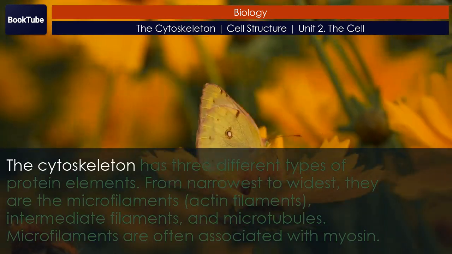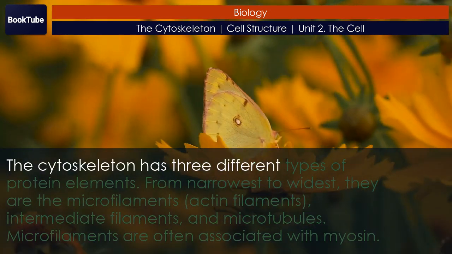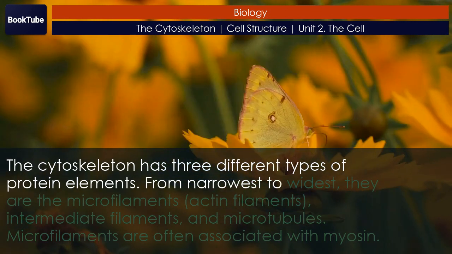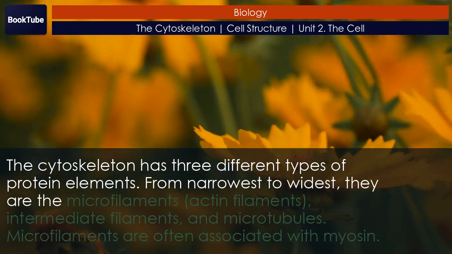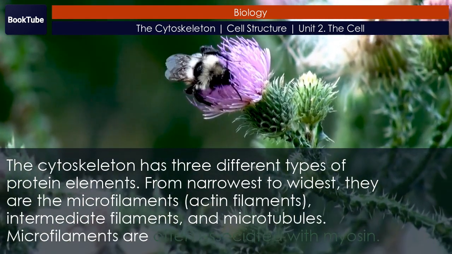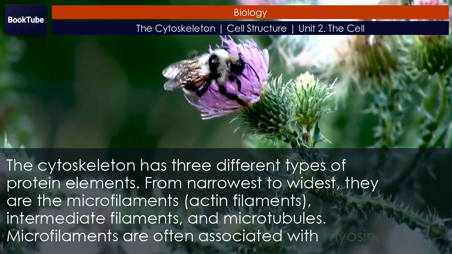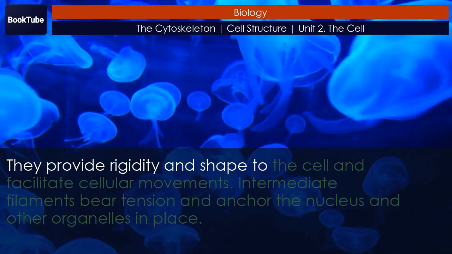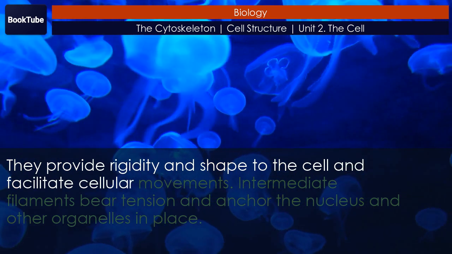The cytoskeleton has 3 different types of protein elements. From narrowest to widest, they are the microfilaments, or actin filaments, intermediate filaments, and microtubules. Microfilaments are often associated with myosin. They provide rigidity and shape to the cell and facilitate cellular movements.